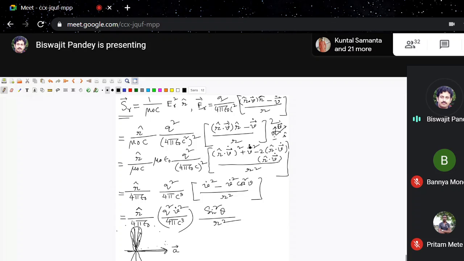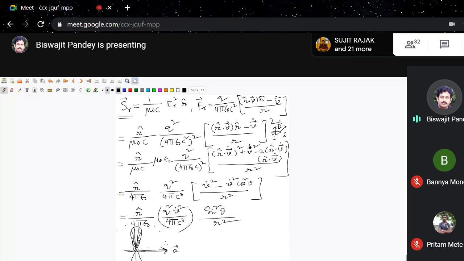And of course, what I have drawn on the screen is a cross section. It's a two-dimensional diagram. If you really want to visualize how the radiation pattern should look, then you should think about all possible directions. For example, the field point should also be above the screen. I cannot show it here on the computer screen, but it could be anywhere in three-dimensional space.